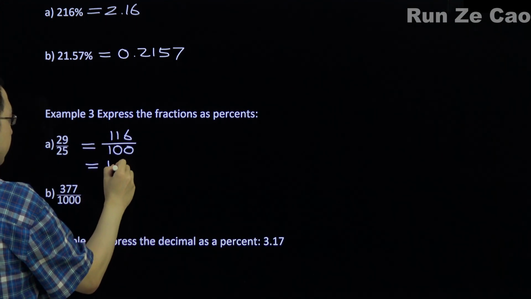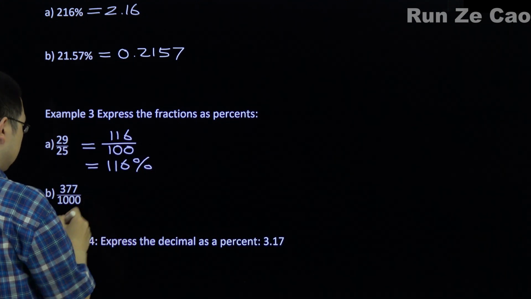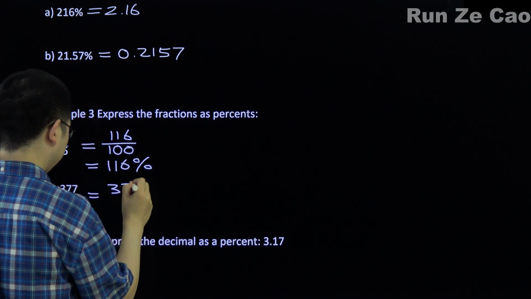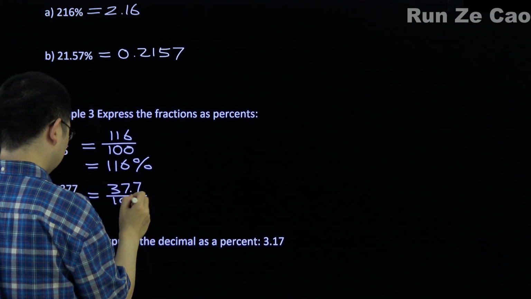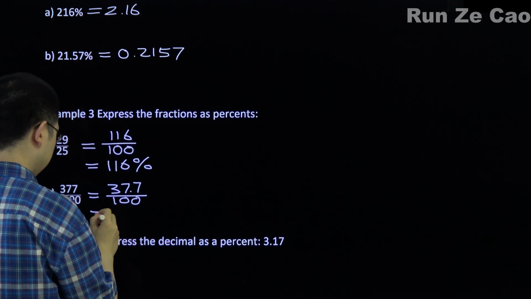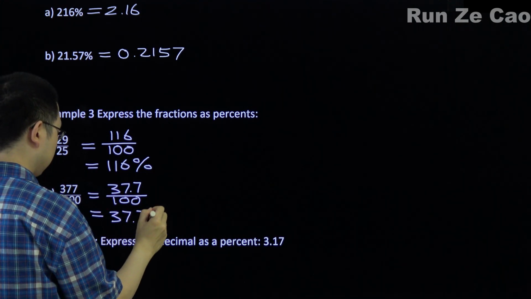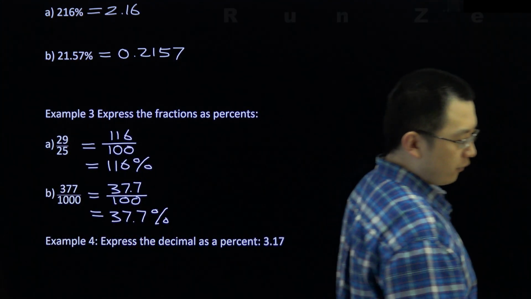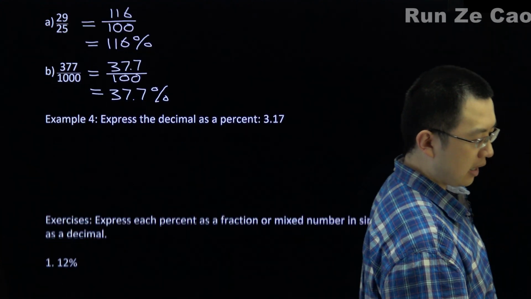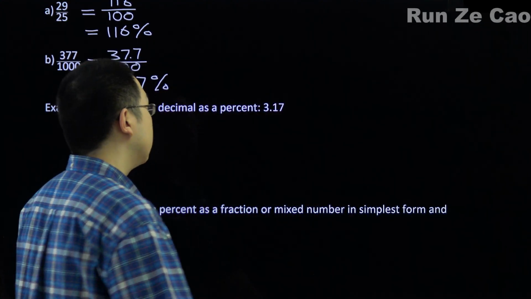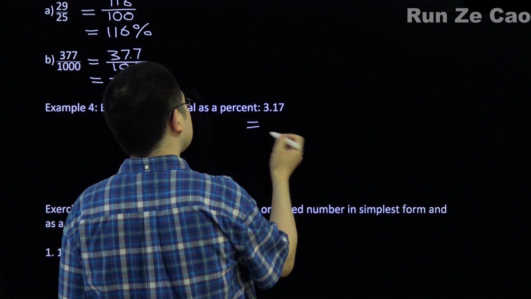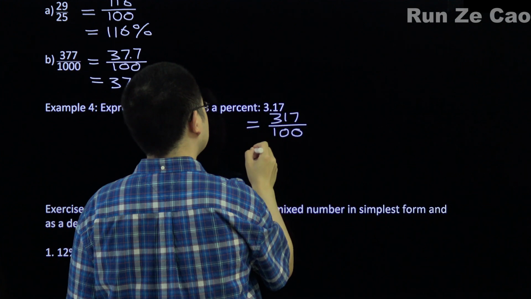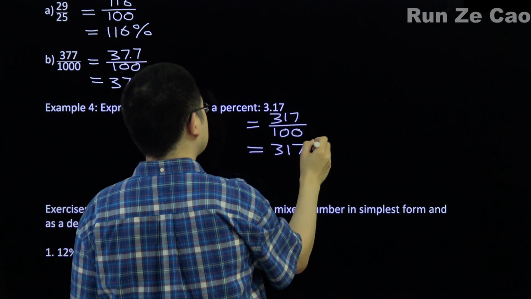So that's going to be 116%. 377 over 1,000 is equal to 37.7 over 100 equals 37.7%. Now, example 4. Express the decimal as a percent. 3.17. Guys, this is equal to 317 over 100. So it's equal to 317%.